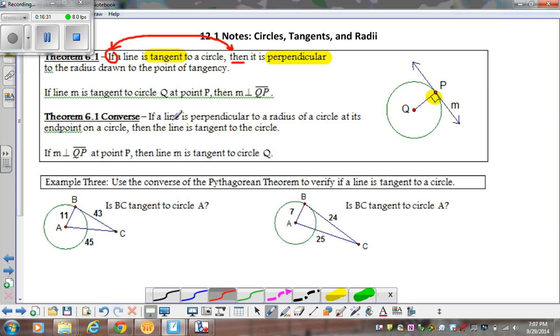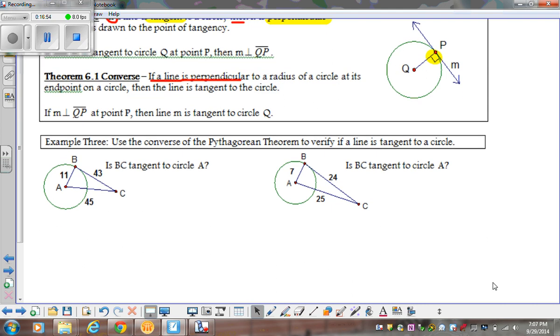The converse says if I know a line is perpendicular to the radius, that means it's tangent. So I know this is a right angle, which means line M is perpendicular, so you can use both of those. That would be the converse of that theorem. Again, you don't necessarily need to know it's Theorem 6.1, just know the premise behind it.